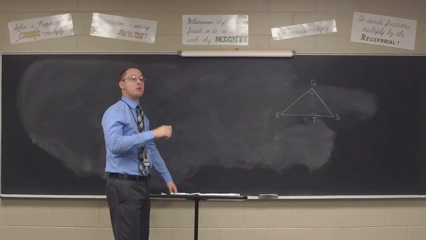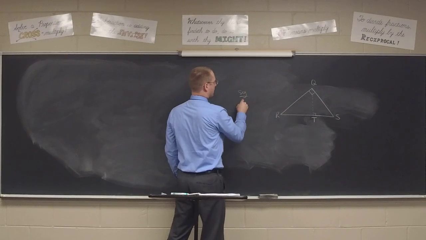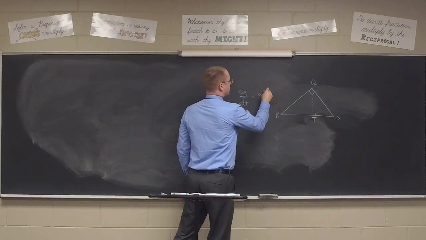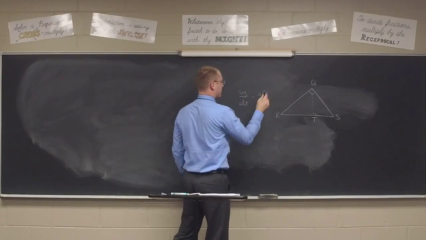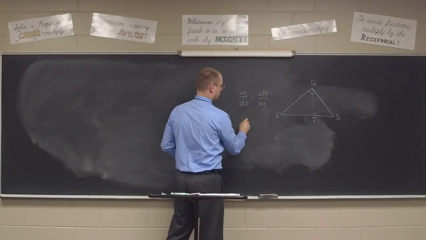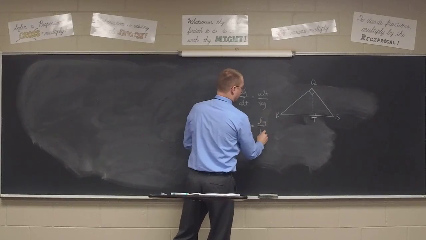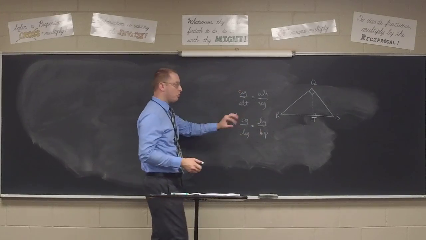What proportions could we use, Kendall? Segment next to altitude. Meaning the other segment, right? So I'll go segment prime. What's another proportion we could use here, Ethan? Segment is to leg as leg is to hypotenuse. There we go. This would be the exact same leg again. And of course, we could do that a couple different ways, couldn't we?